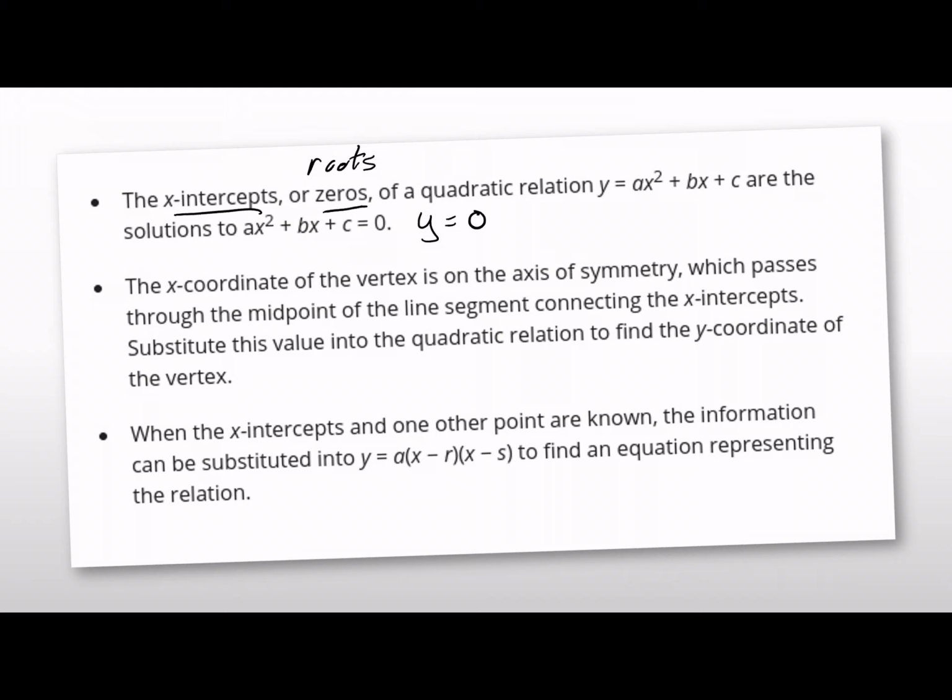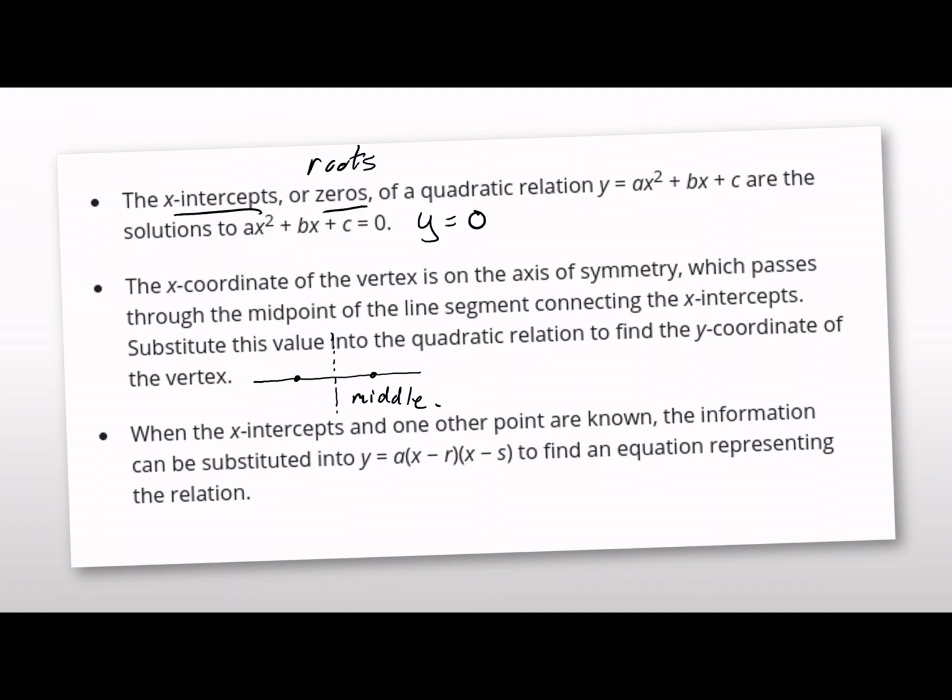The x-coordinate of the vertex is on the axis of symmetry, which passes through the midpoint of the line segment connecting the x-intercepts. Substitute the value into the quadratic relation to find the y-coordinate of the vertex. So if we've got an x here and an x here, the axis of symmetry is directly in the middle, the midpoint of the two x's.